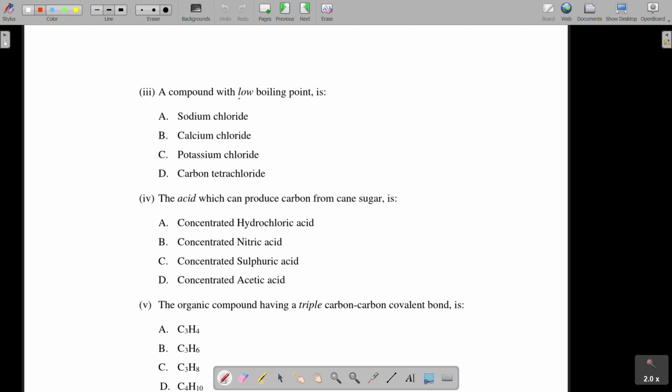A compound with low boiling point. If you see the options, you have sodium chloride, calcium chloride, potassium chloride, carbon tetrachloride. So here you have to observe. You can also use the odd one out concept, but if you observe here, these three are ionic compounds, which are also called electrovalent compounds.